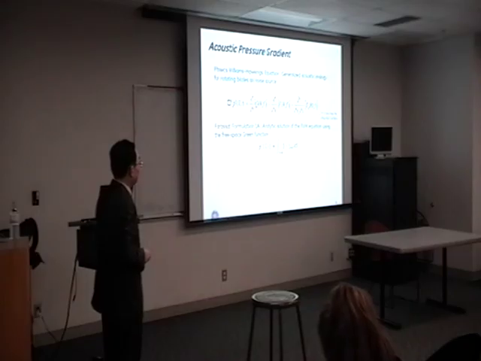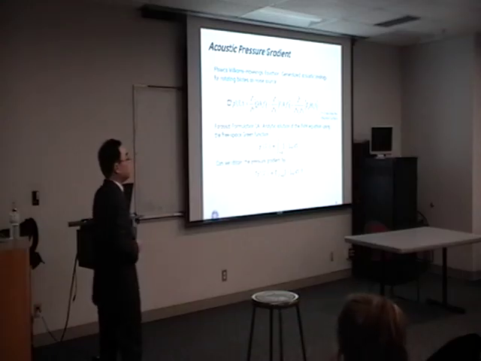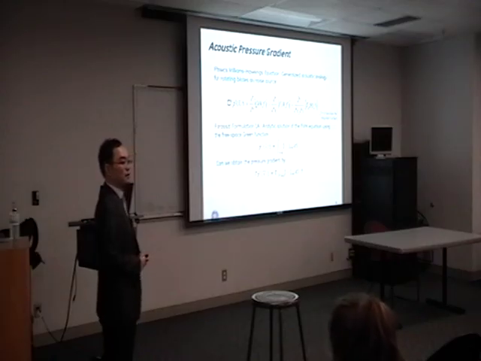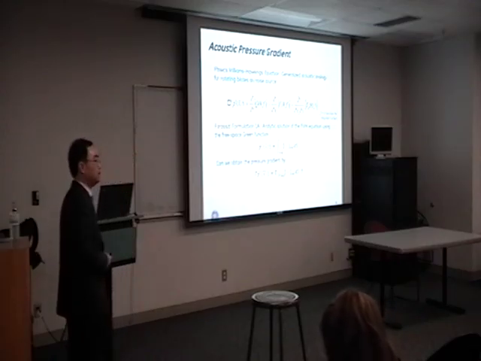But all the components are calculated at the retarded time or source time. The easiest way to compute the pressure gradient you can think of is just to take the gradient on both sides, so the pressure gradient here and the gradient outside the integral. So it looks easy enough, right? But it's not. It's very difficult to compute this.